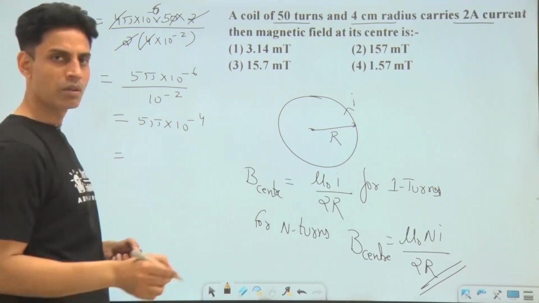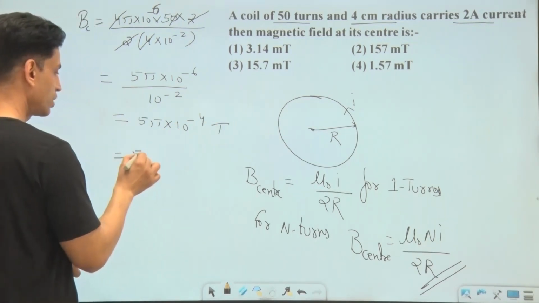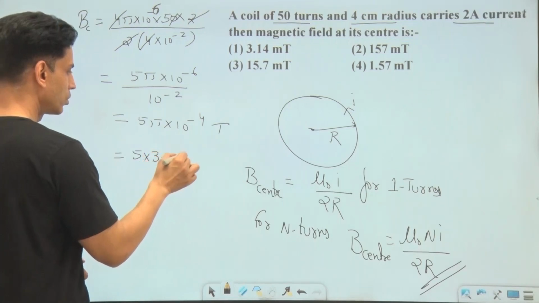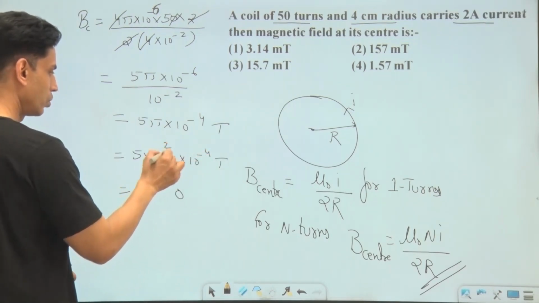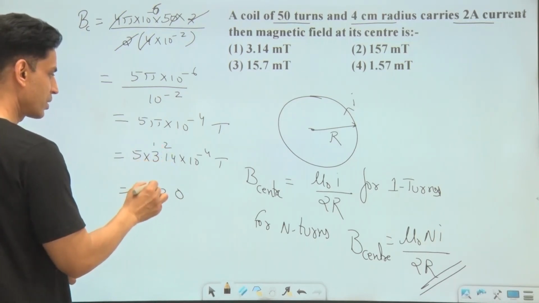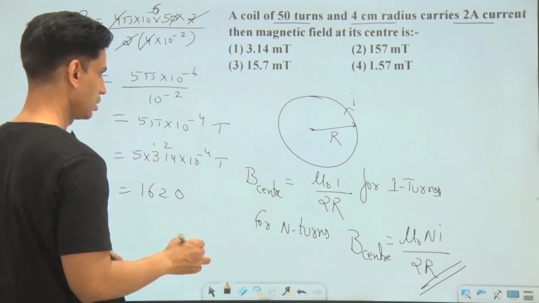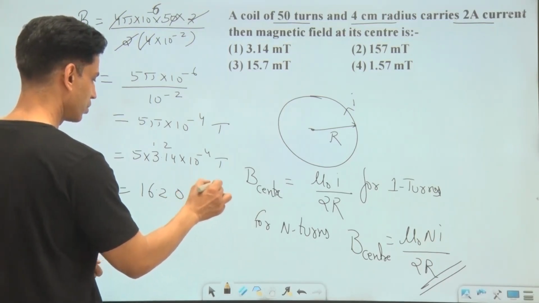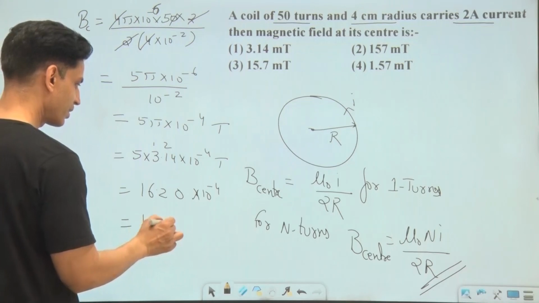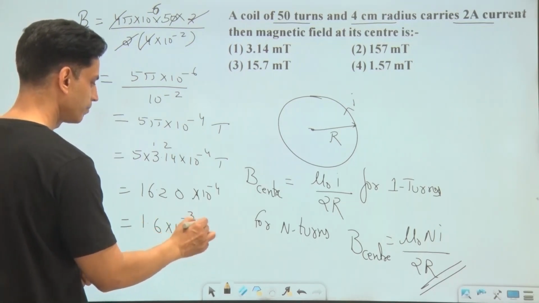Now solve this. This will be in Tesla. So it is 5 into pi, which is 3.14, into 10 power minus 4 Tesla. So it is 1.6 into 10 power minus 3 Tesla.